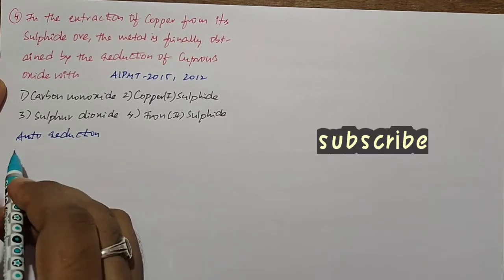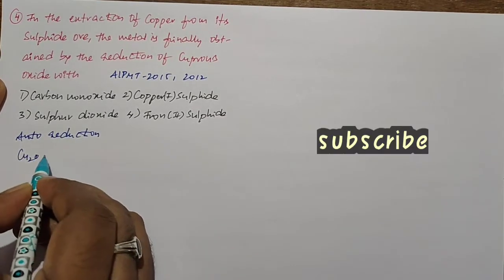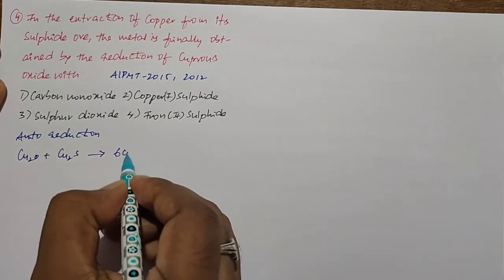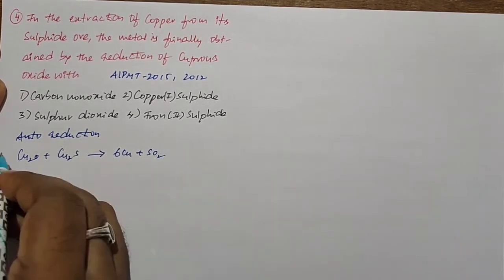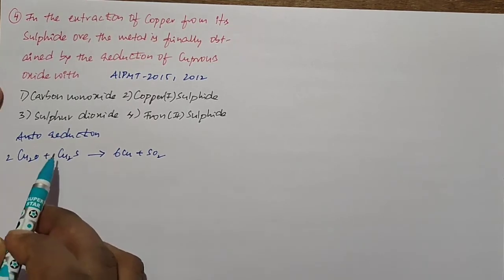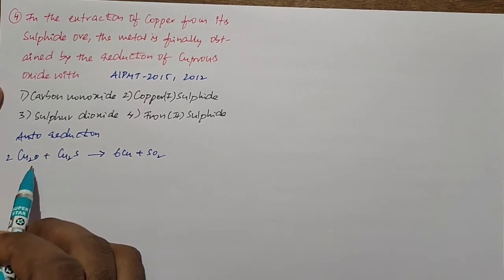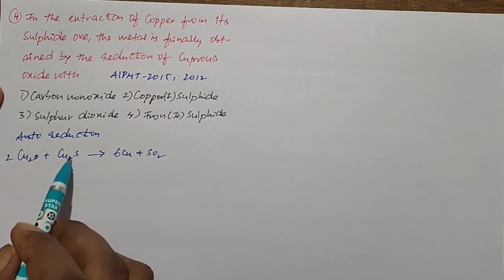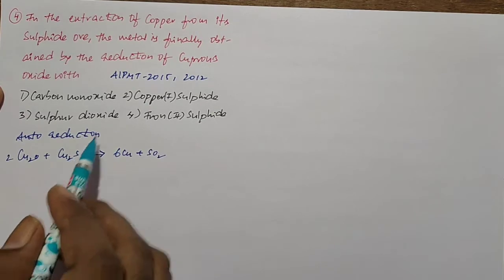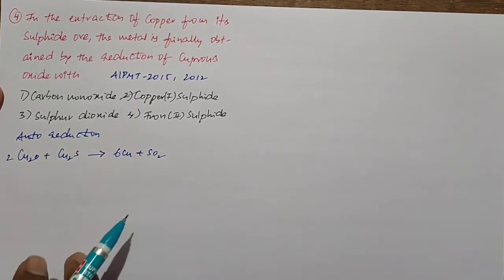In this auto reduction, the cuprous oxide undergoes reduction with copper sulphide and it can form copper and sulphur dioxide. So this is the reaction. For the reduction of cuprous oxide, here cuprous sulphide acts as a reducing agent. So the second option is the right option.